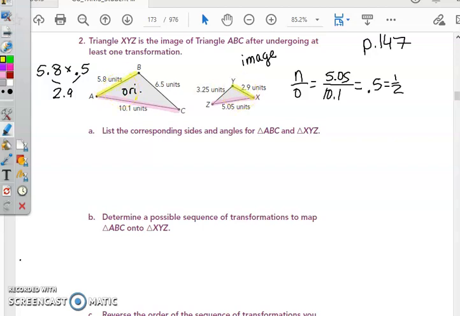Now we do the same thing with our remaining side, which is 6.5, times what we assume is the scale factor, 0.5. Punch that in your calculator and you should get 3.25, which means this one goes with this one.